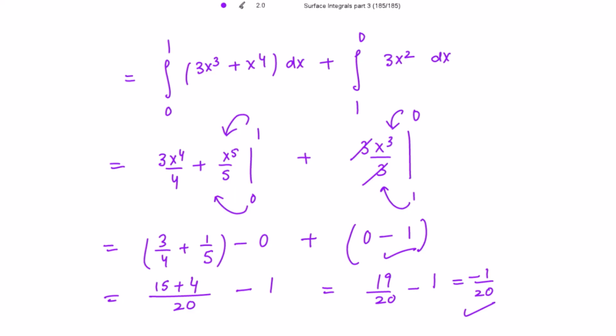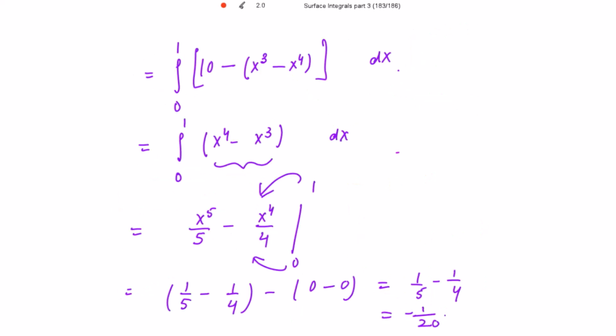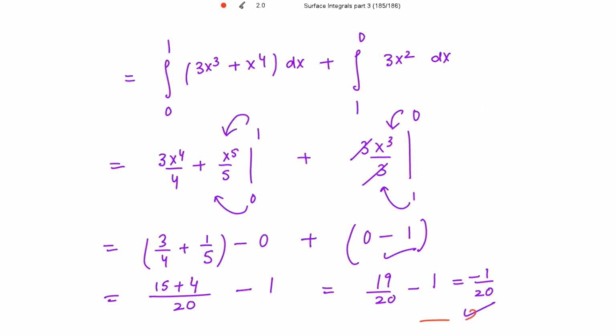So this is the same as that of the right hand side integral, the double integral. So we have evaluated this line integral also to be minus 1 divided by 20. Hence the Green's theorem is verified. Let's mark this as 1 and marking this result as 2.